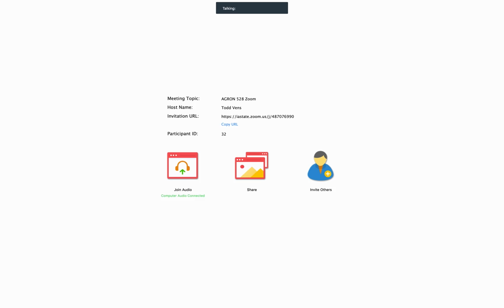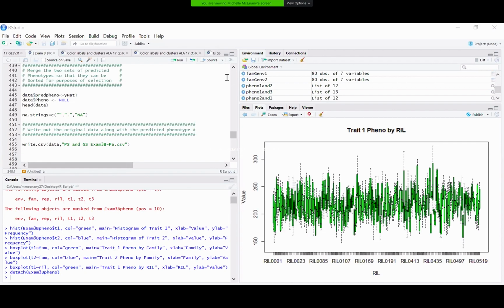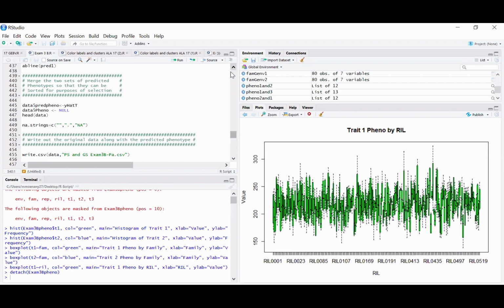Let me switch. So this was the code, Jacques. This little bottom part from his original code is what generates that.